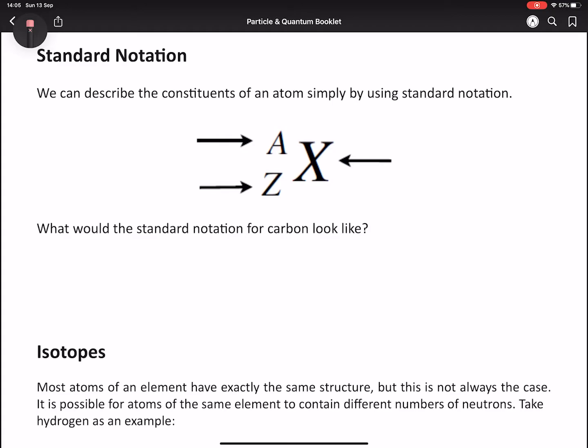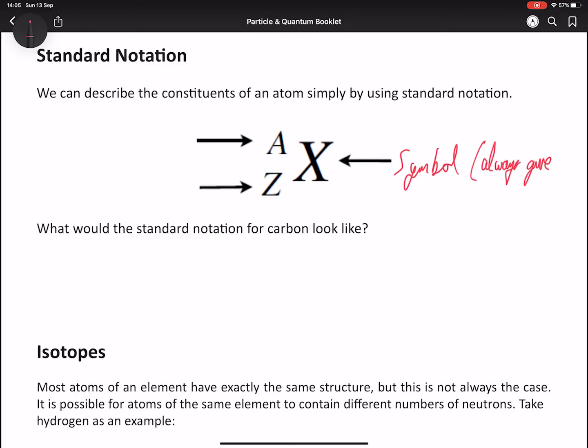Standard notation will still be used to represent key features of an atom. So X is your standard symbol, and that will be given to you in all circumstances. There is no expectation that you know the periodic table, and you will not be given one to seek these out.